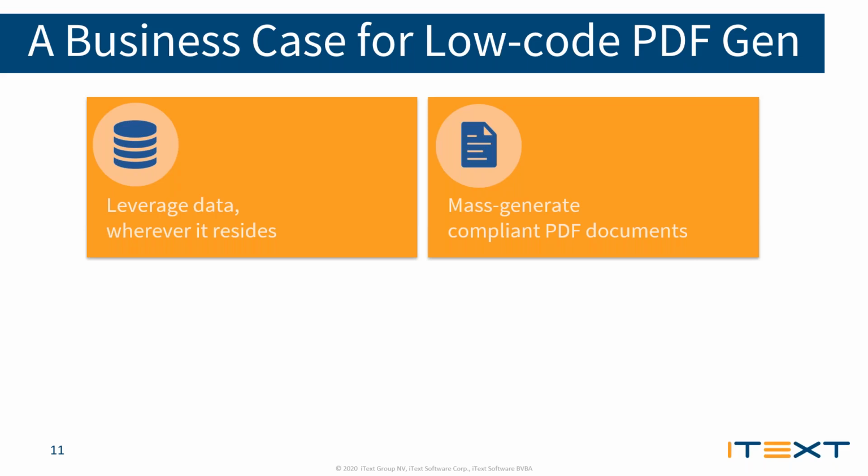Quantity in the sense that we're continuously focusing on performance, and we keep on benchmarking our tool against other products in the market and make sure that we are among the fastest and most reliable tools to generate PDF documents, and also definitely in high volumes.